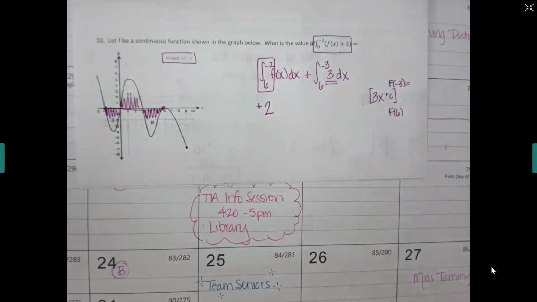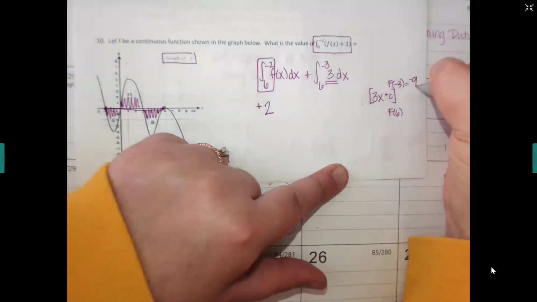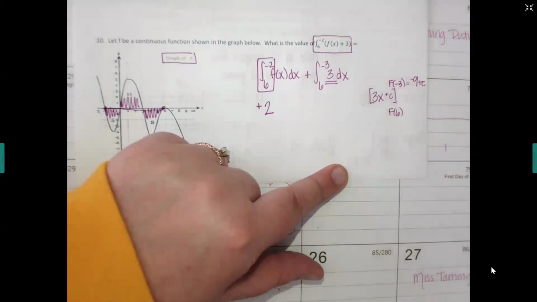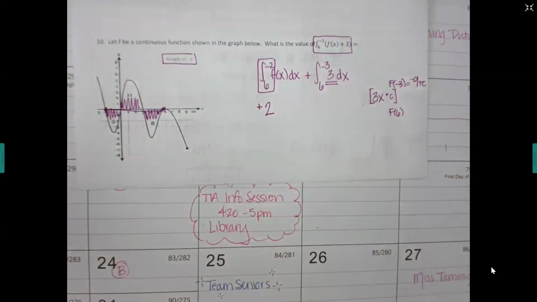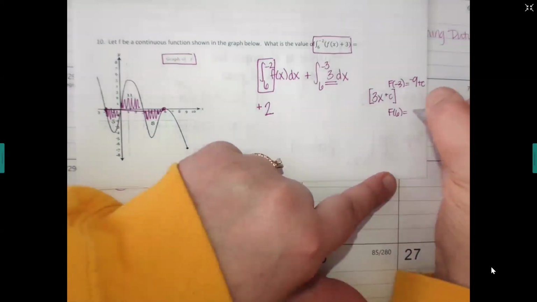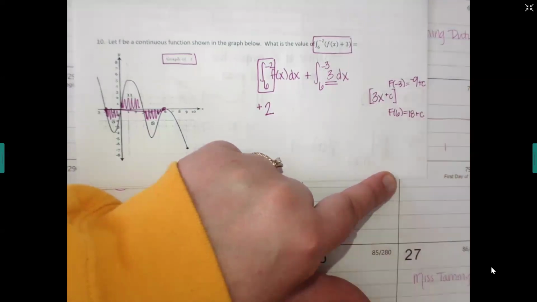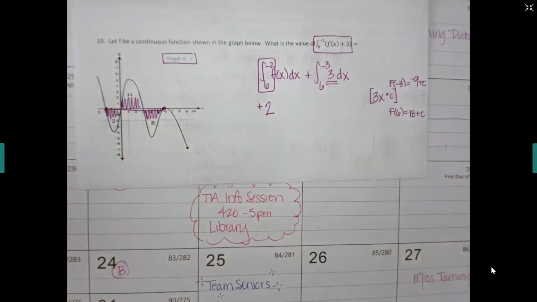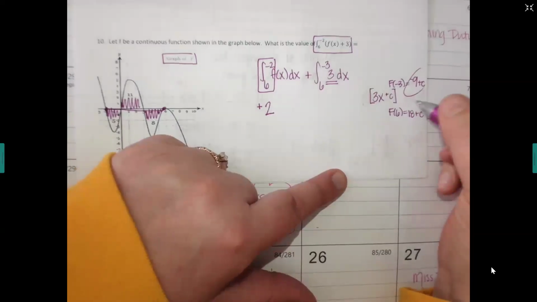What do I get? -9. Technically, plus C. Now plug in your 6. 6 plugged into the 3x is going to give me 18 plus C. And then remember, it's this minus that. What's negative 9 minus 18? Negative 27.